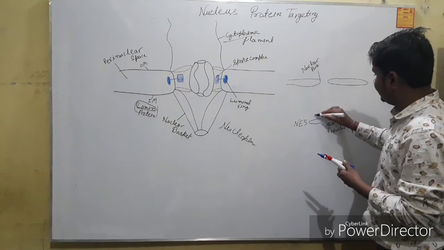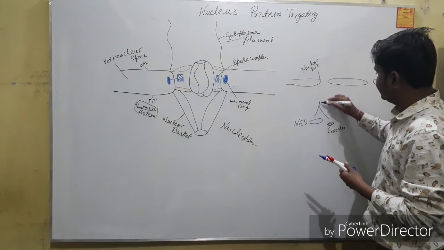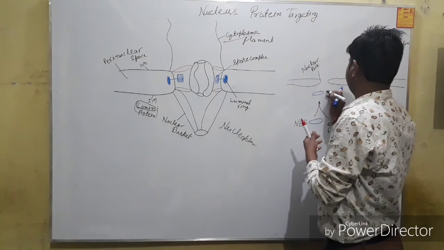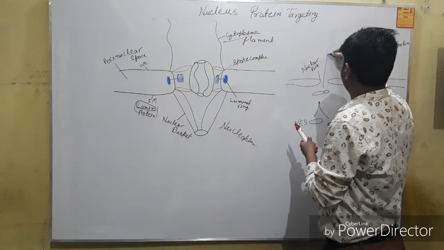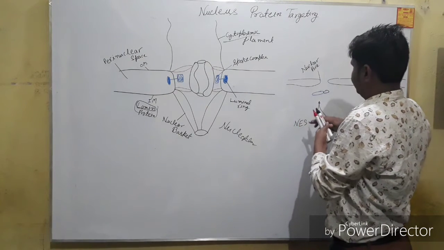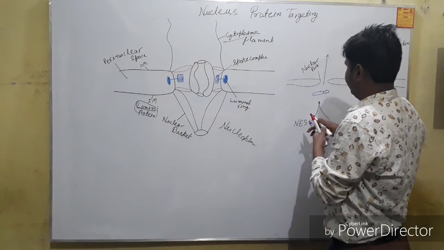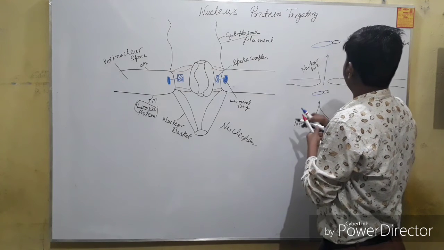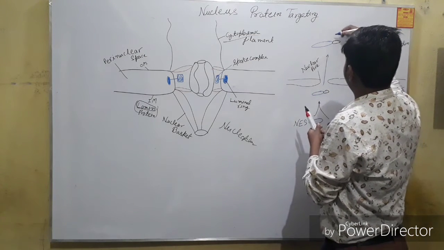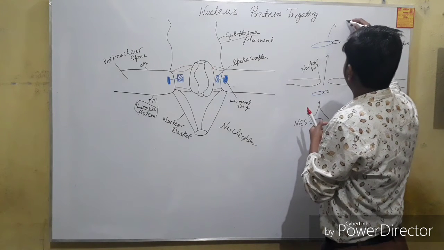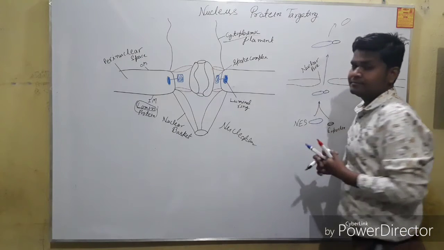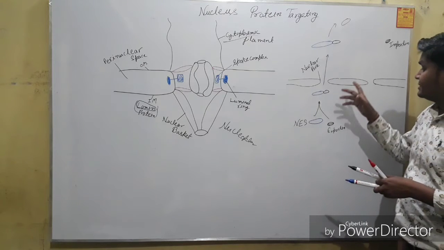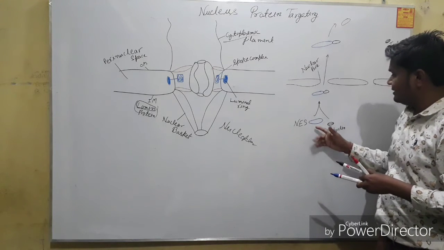Both interact together and go to the outside of the nucleoplasm. Here the exporting protein is freed, and the NES is recycled back inside the nucleoplasm.